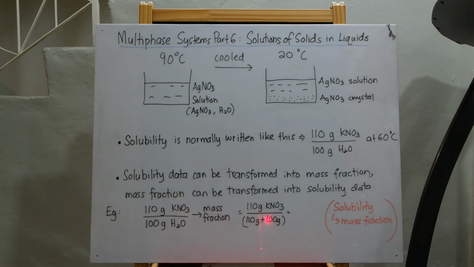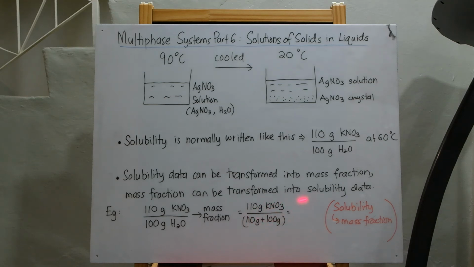To transform to mass fraction, we do it like this: 100 gram of potassium nitrate divided by the complete system, which is potassium nitrate and water. This is just the fraction for potassium nitrate, but the total system is 100 gram of potassium nitrate plus 100 gram of water.